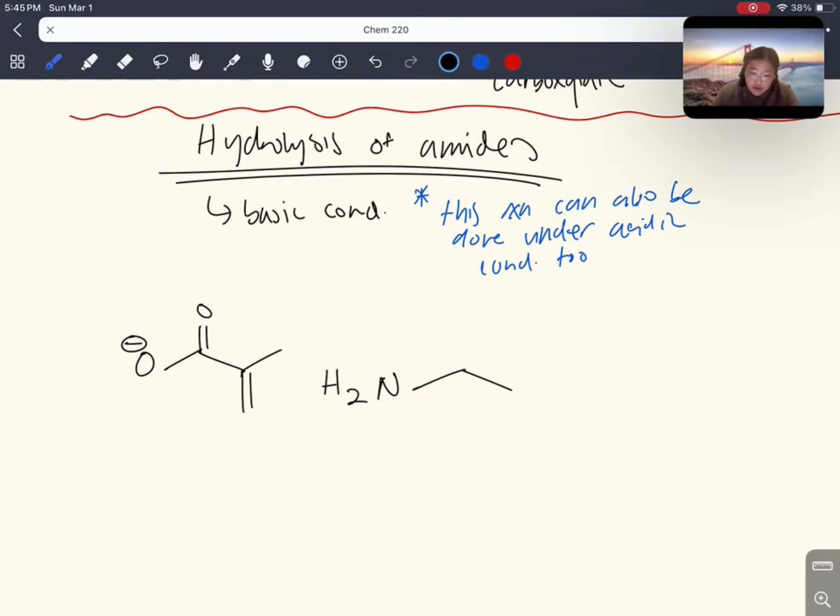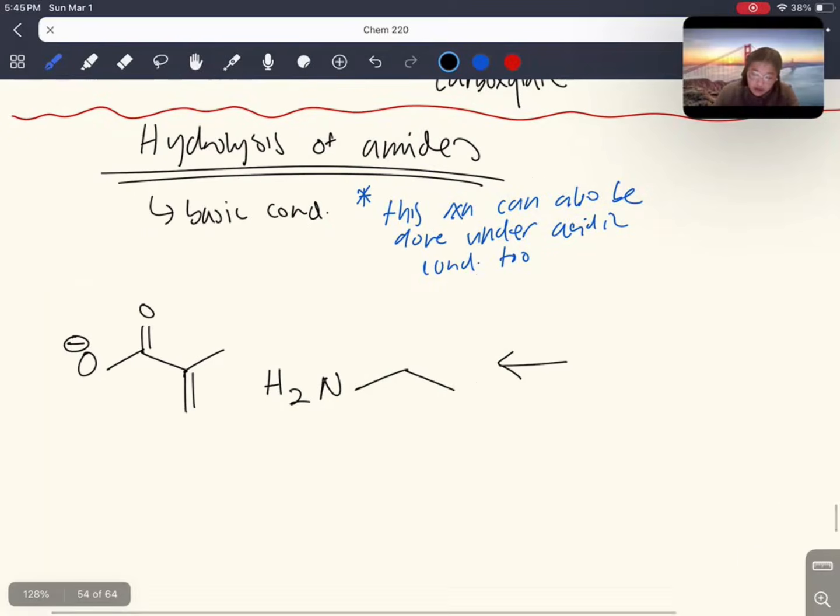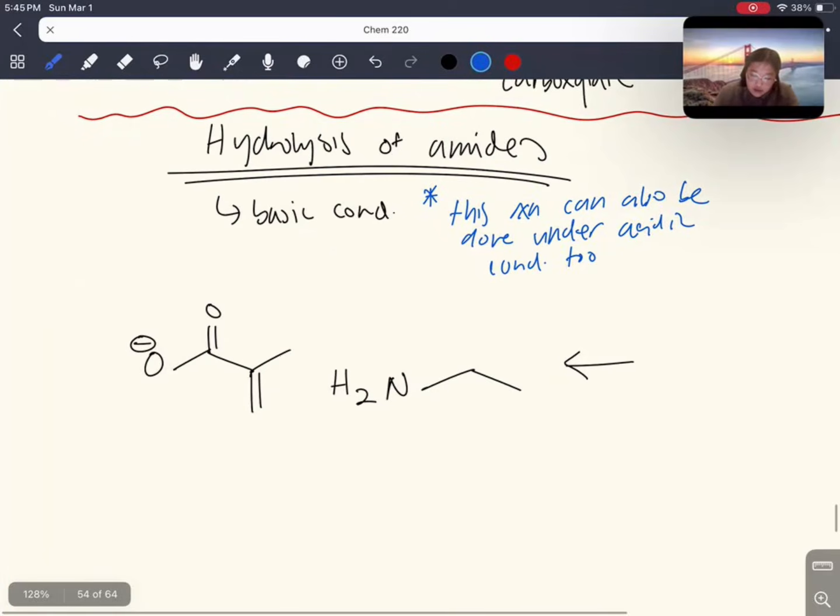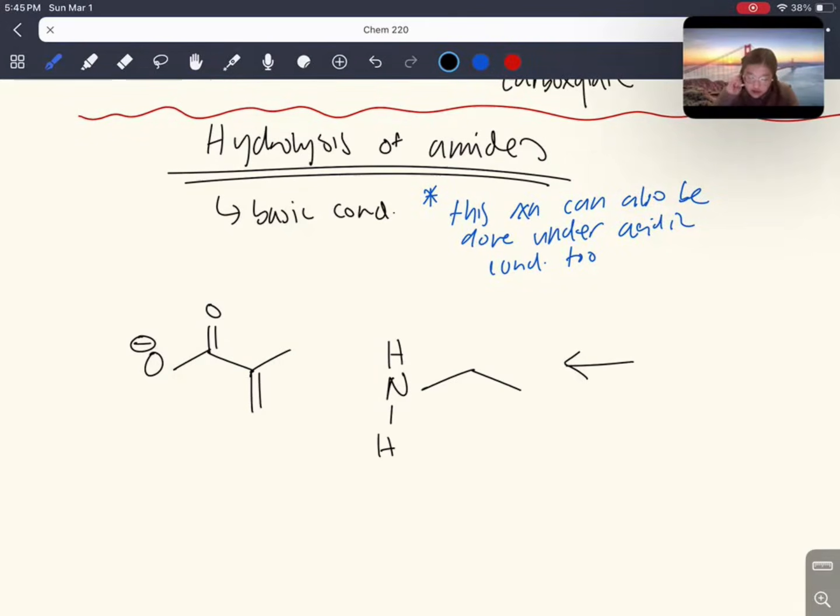I'm going to draw a backwards arrow to show where that came from. So I'm going to redraw this hydrogen to be more explicit. I'm just going to draw out where they came from.